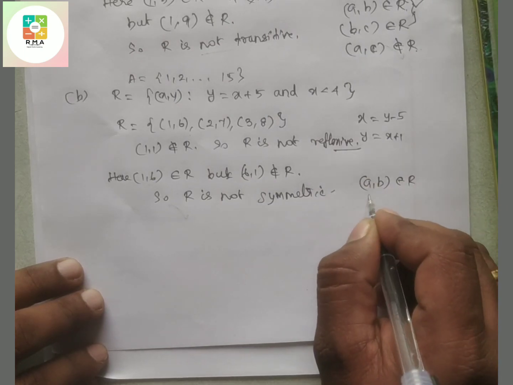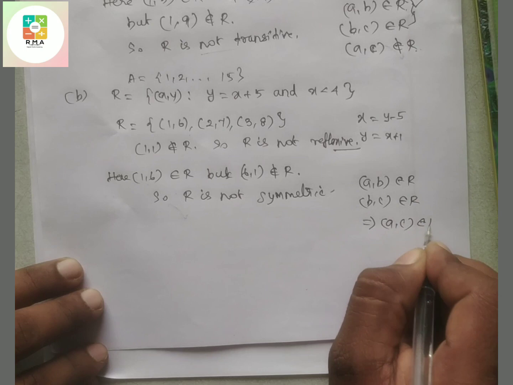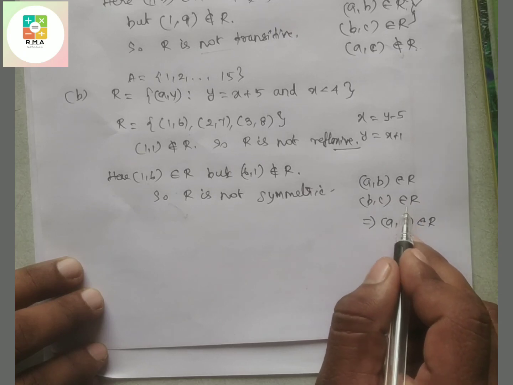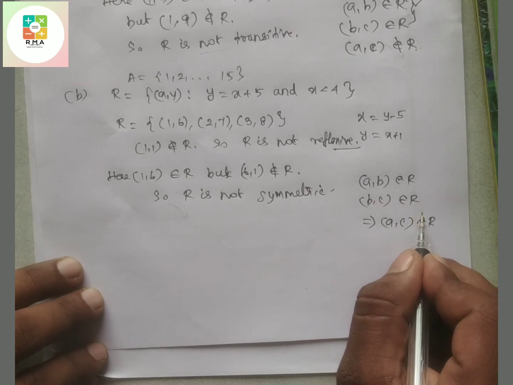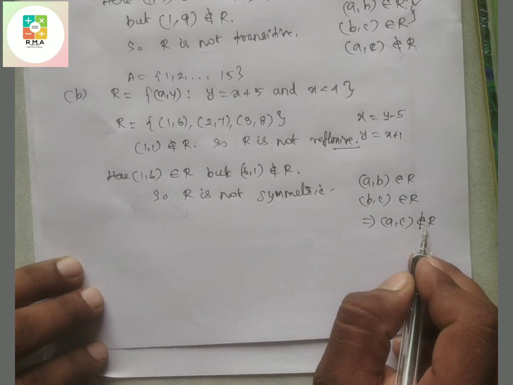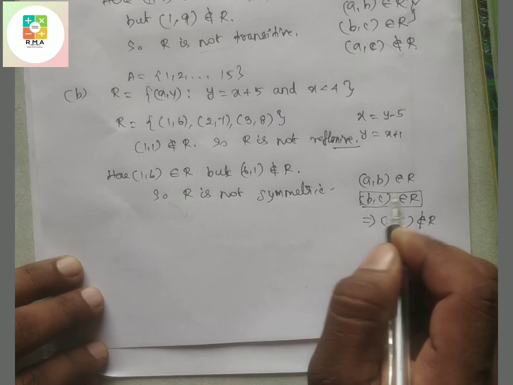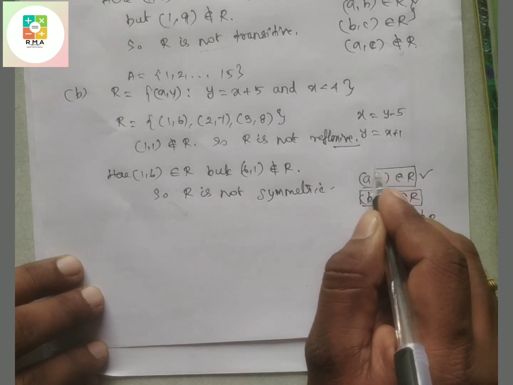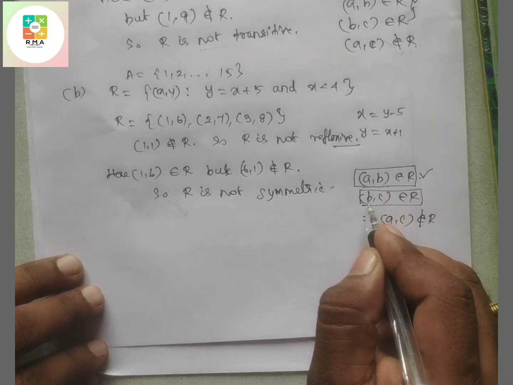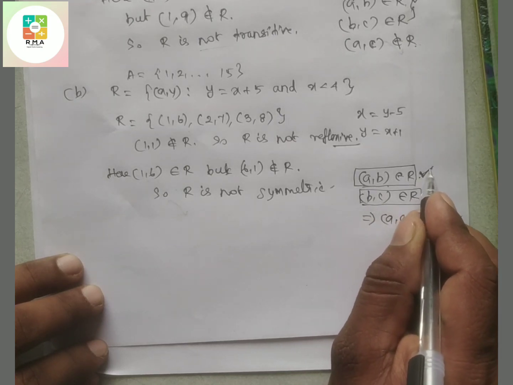(A, B) belongs to R and (B, C) belongs to R, which implies (A, C) belongs to R. To show it is not transitive, these two must be in the set and (A, C) does not belong to R. One more definition we have seen: if I am unable to find the second element, if I can find only one element (A, B) alone in the set and unable to find an ordered pair with B as the first element, then I can say that the relation is transitive.